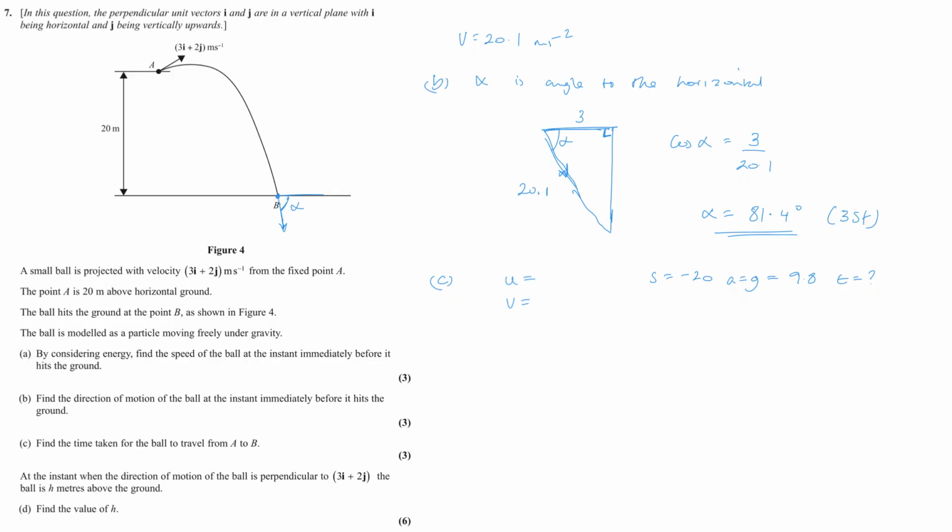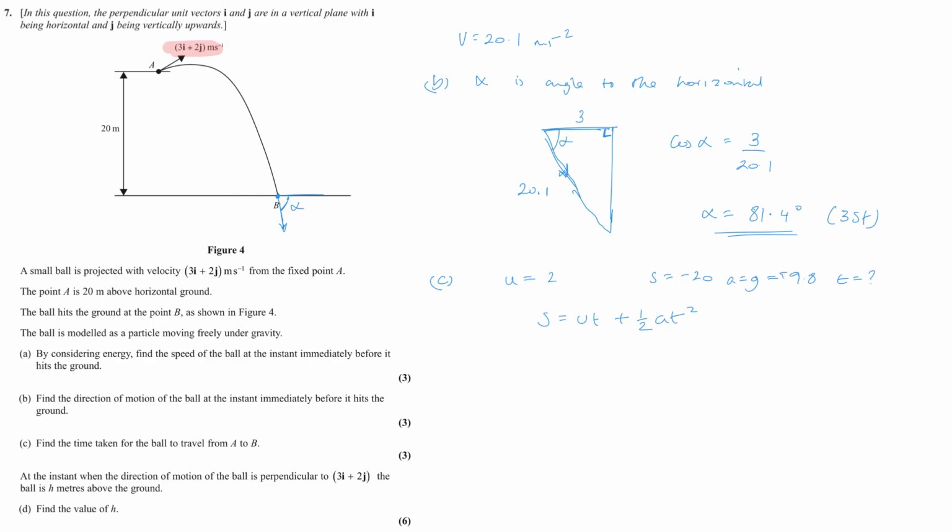So resolving this vertically, the vertical speed here is 2i. We don't know what the vertical v is. We could work it out, but why bother? So that's just going to be 2 in the j direction. So s equals ut plus half at squared.